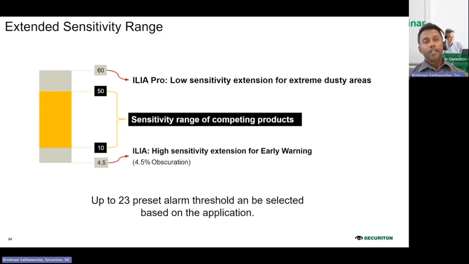In fact, we also recommend in our technical document the relevant settings for a recycling plant, but you can also have the flexibility to set the upper and lower sensitivity from 4.5 up to 60 OBS.